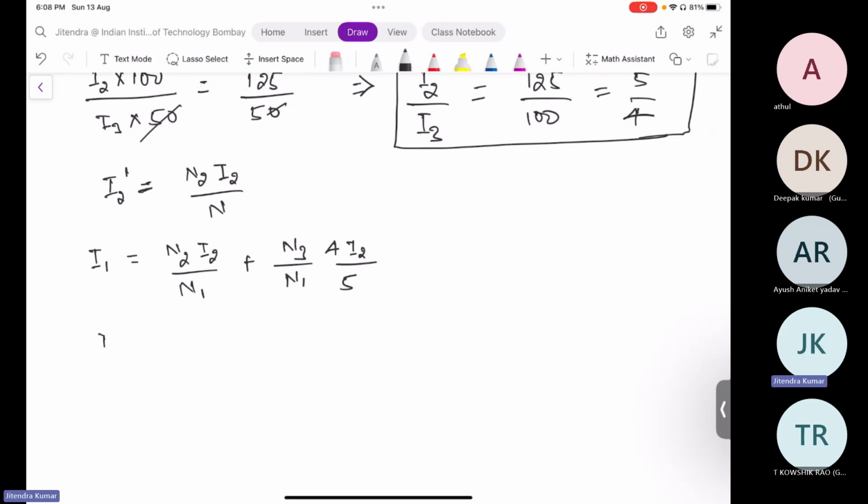So we have only two variables, I1 and I2, and even I1 is known, so let me plug in all those values.